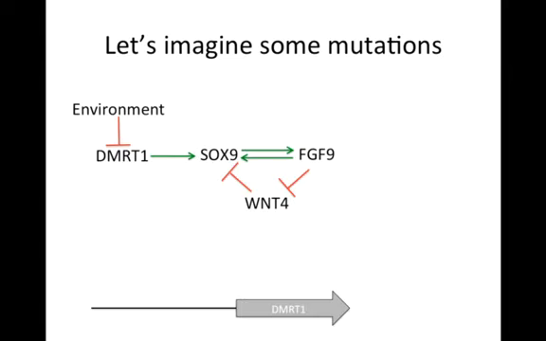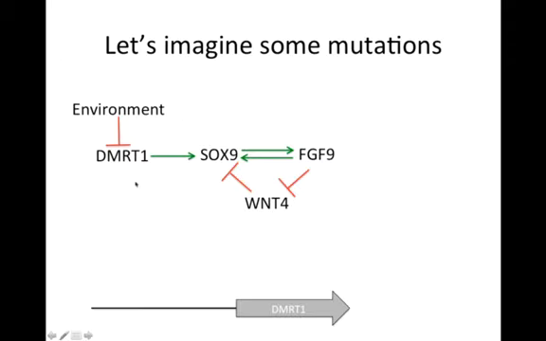Okay, so I thought we would stimulate this by imagining some mutations. So what I've shown here is the core switch plus this one gene that pops up a lot. DMRT1 seems to have been present in the ancestor of all vertebrates, and it plays a large role in a lot of modern vertebrates.